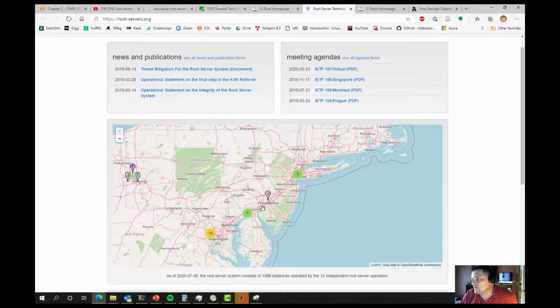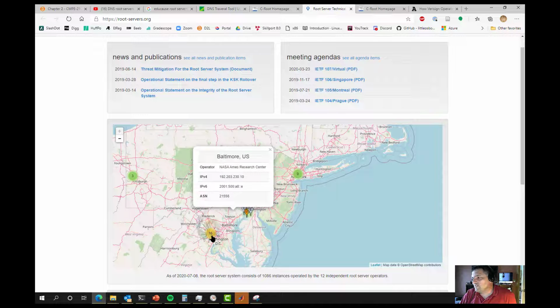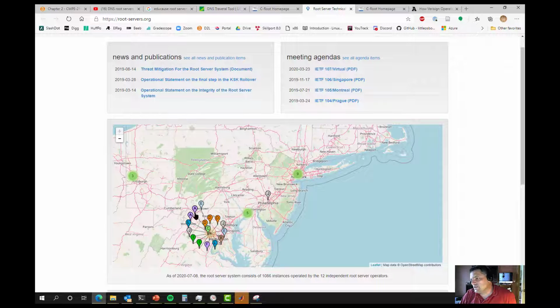And so it's kind of odd that there would be that many in Wilmington. Okay. And then there's a whole bunch in Washington, D.C., which kind of makes sense. There's a lot of communications hubs. And actually, Pittsburgh makes a lot of sense as well. Pittsburgh is one of the telecommunication hubs for the country.